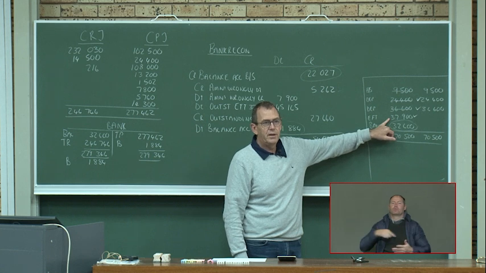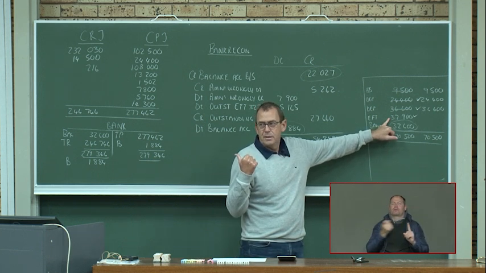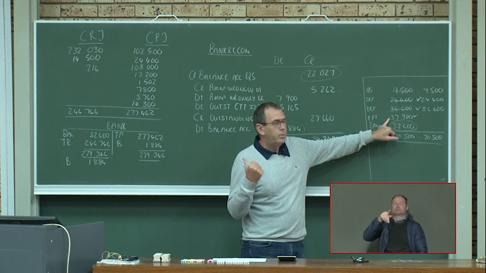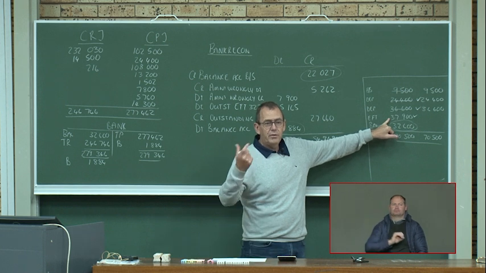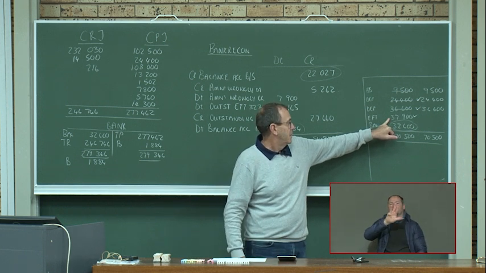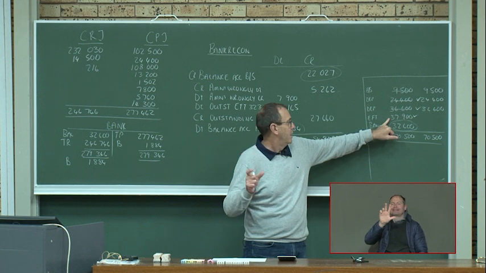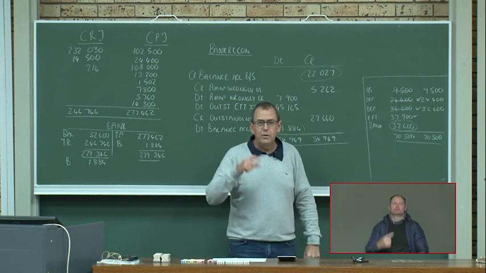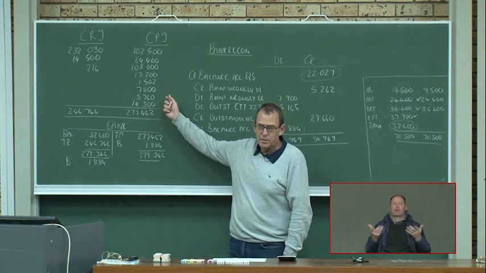Where did we get this figure from? Last month, CPJ, am I right? So we wrote it as 37,900. And the correct figure is 39,700, which is a 1,800 difference, am I right? So we have to increase this figure. And if we have to increase it, it will be in my CPJ.